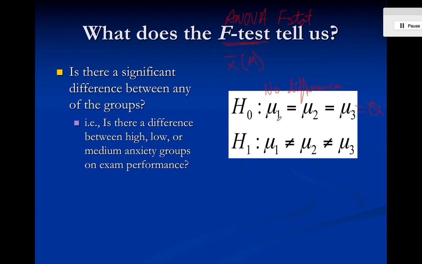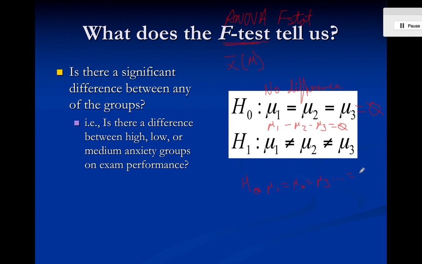So here, another way to write the null hypothesis would be mu1 minus mu2 minus mu3 equal to 0. Just the way that we've written the null hypothesis before, here again we're writing it the same way, but now you'll notice that we're adding in another group. Another way that you'll normally see the null hypothesis written is as follows: mu1 is equal to mu2, which is equal to mu3, and then it'll say dot, dot, dot.